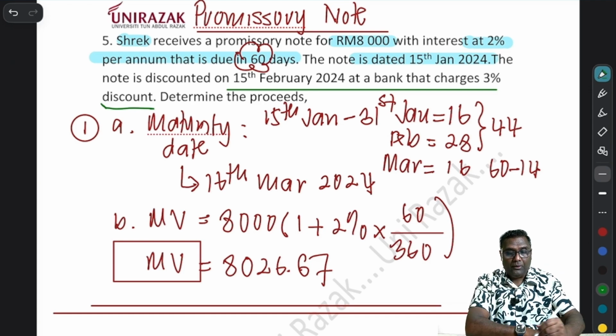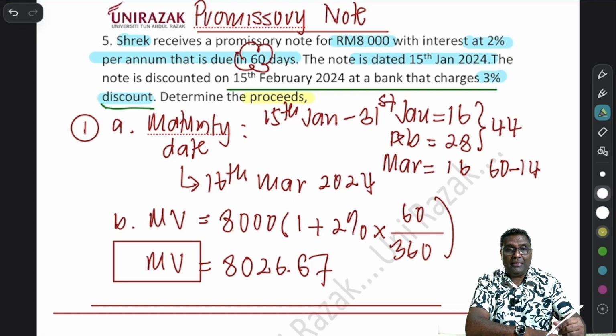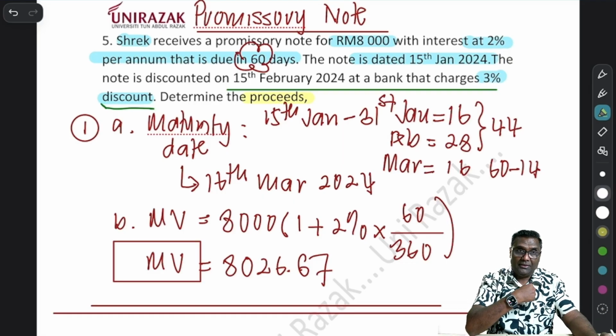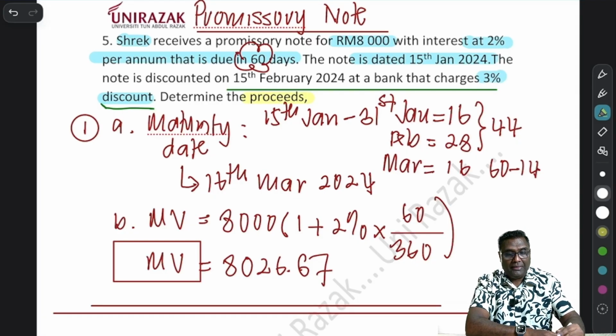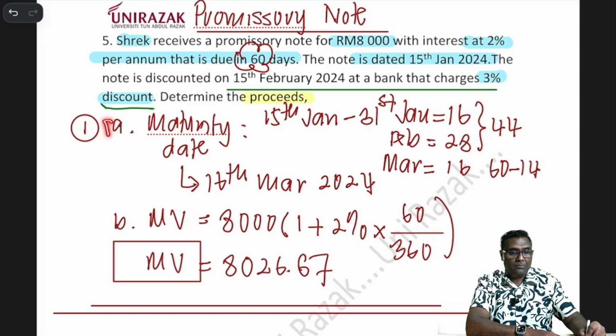That is what we call discount. From that, we are going to calculate how much is the proceeds that is going to be received by Shrek. Again, Shrek is the lender and receiver of the promissory note. In the first part, we calculated the maturity date and value for the promissory note that he received.